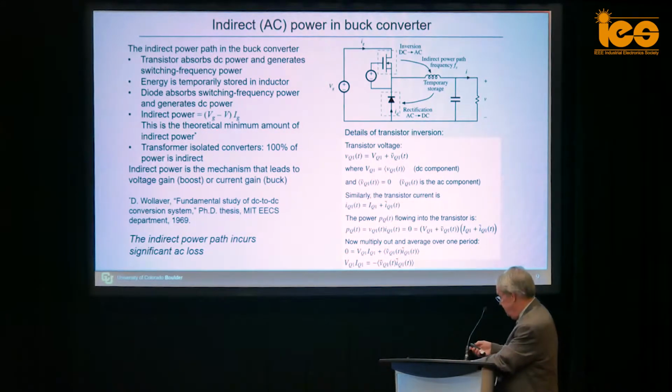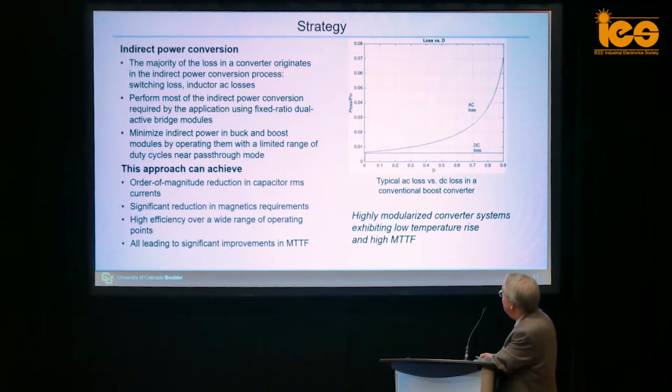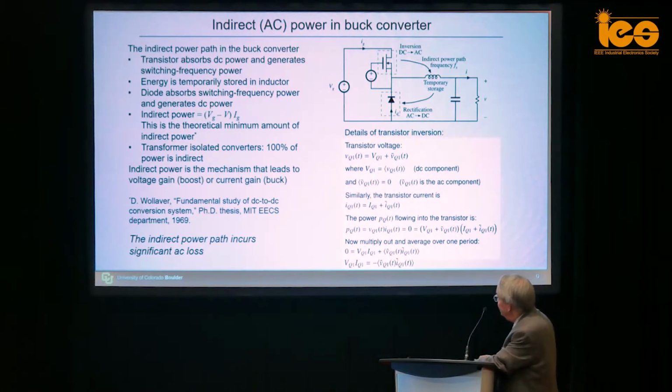So to make it work, you have to really look at the fundamental conversion process that the converter is performing and do that process in the most efficient way. And so here's some more theory from the distant past: direct and indirect power in converters.